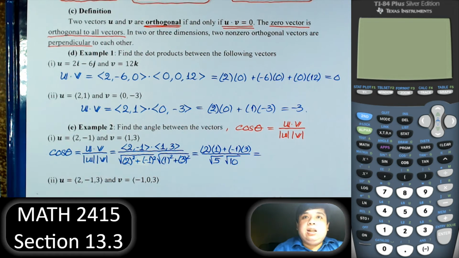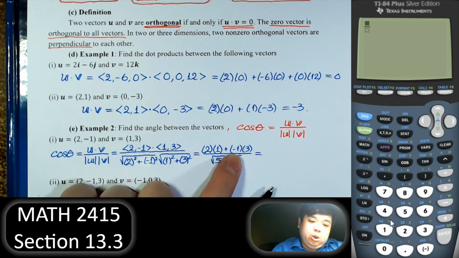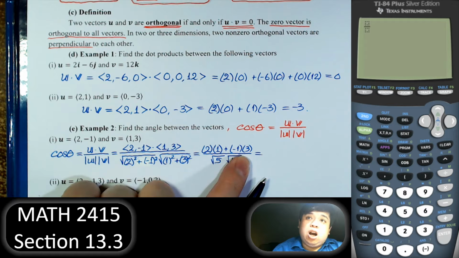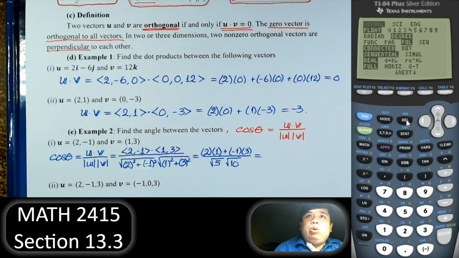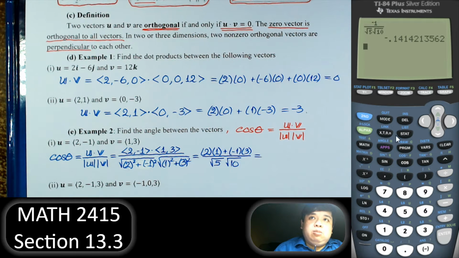Let's put that in a calculator. Fraction: we have 2 and -3 on the top, so just -1 on top, and the square root of 5 times the square root of 10, and so we have that. And then we take the cosine inverse. It's easy. Usually when we use the inverse, I prefer to use degree mode, to get a better sense of what the angle is.